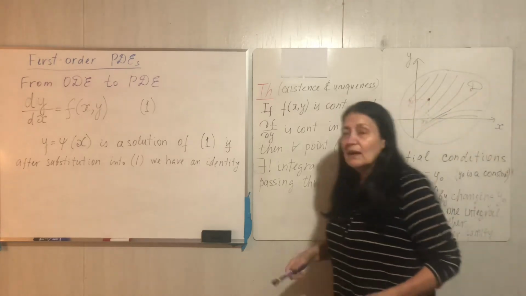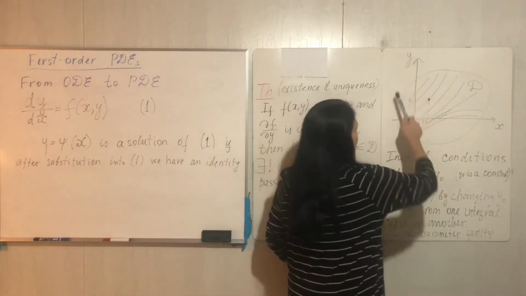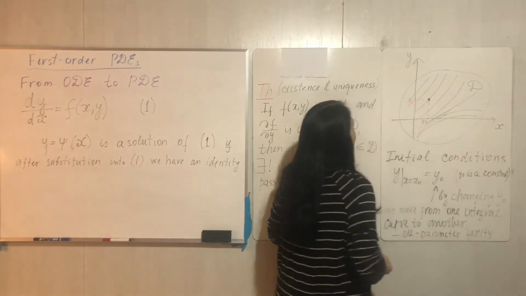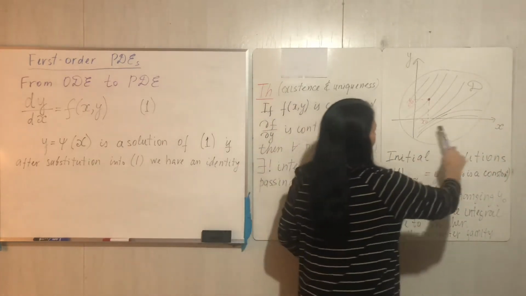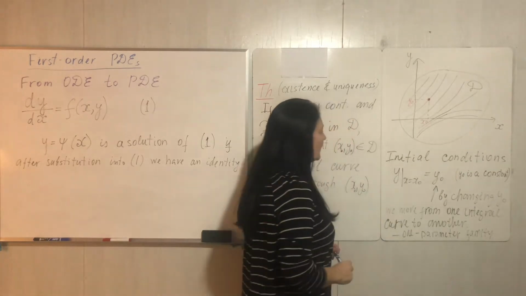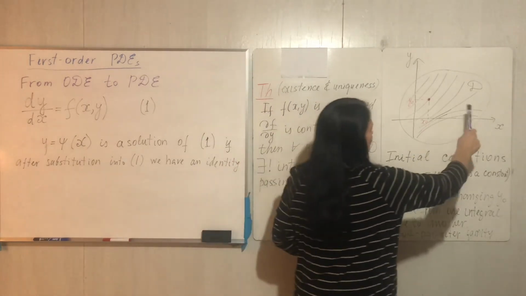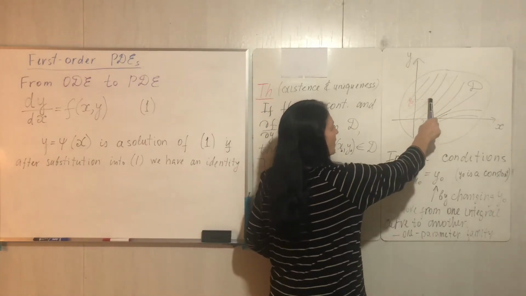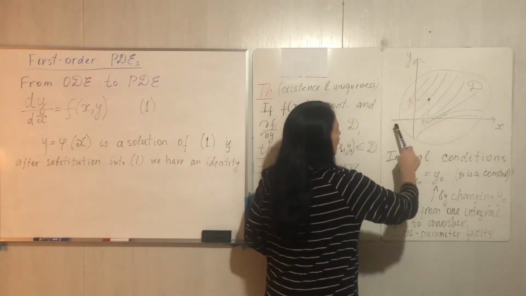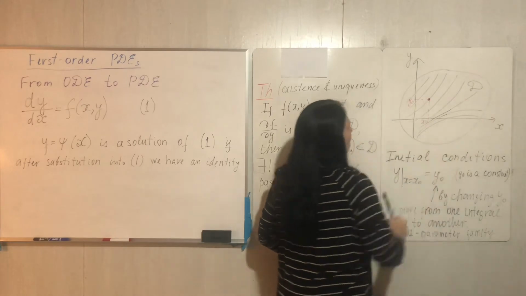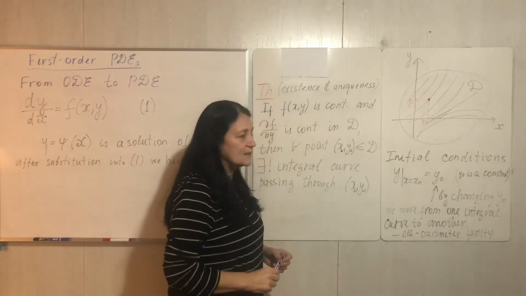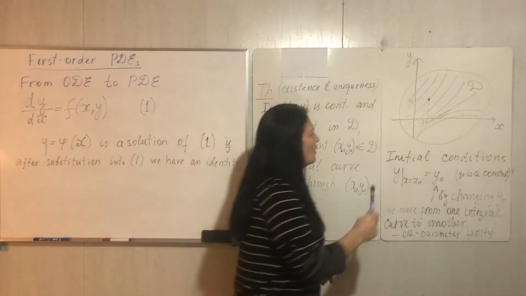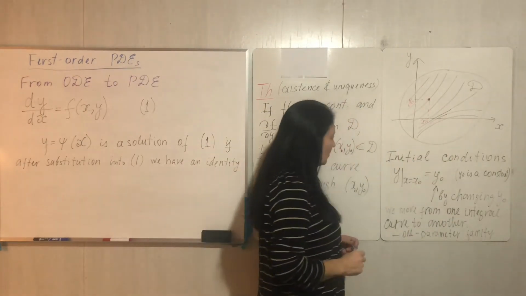Here I made a picture: this is our domain D. We have axes x and y, and a bunch of integral curves, and if we fix a certain point x naught, y naught, exactly one integral curve passes through this point.